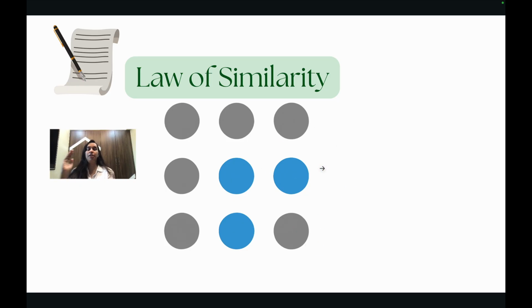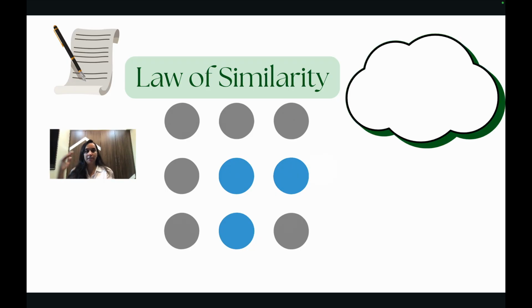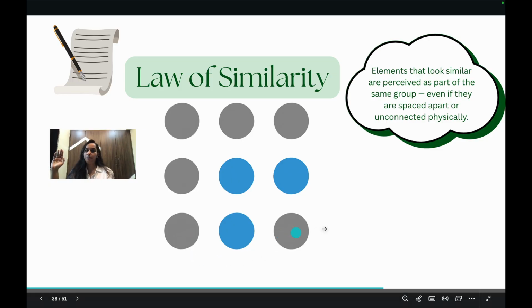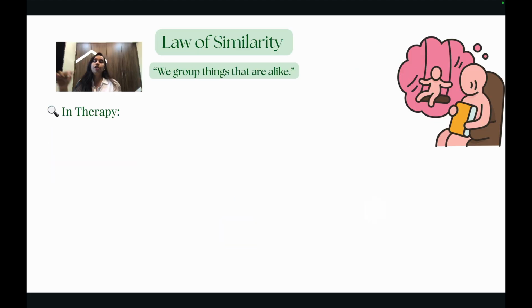This is the law of similarity. Anything that looks similar, we tend to put together even if they are physically apart, spaced out or unconnected. One liner to understand the law of similarity: we group things that are alike.